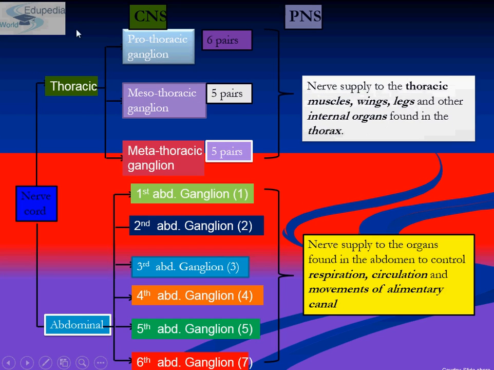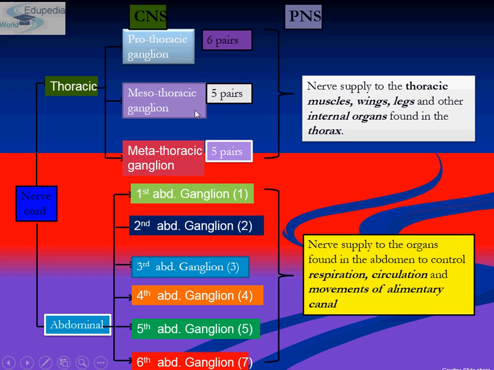I've told you that the CNS has a nerve ring and a nerve cord, which is divided into thoracic nerve cord and abdominal nerve cord. The thoracic is divided into prothoracic, mesothoracic, and metathoracic. Prothoracic has 6 pairs, mesothoracic has 5 pairs, and metathoracic also has 5 pairs.